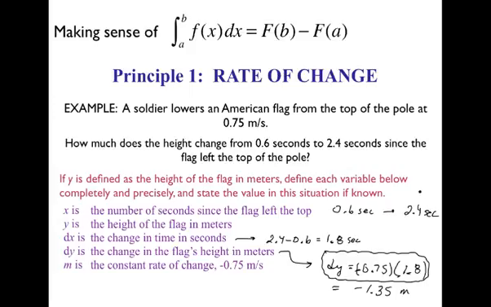In that scenario, dx takes on one value of 1.8 because that's the change in x. But that change in x, 1.8 seconds, occurs as x changes from 0.6 to 2.4. So we don't know a particular value of x, but we know where it starts and where it ends, and that it's going to vary through that from 0.6 to 2.4 seconds.